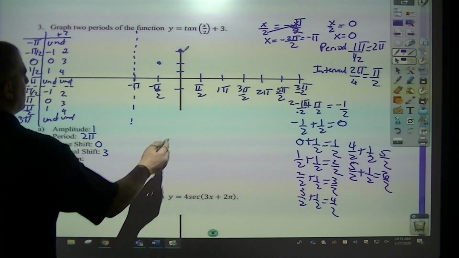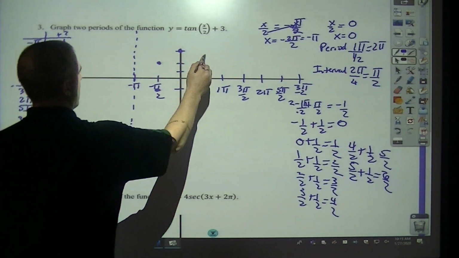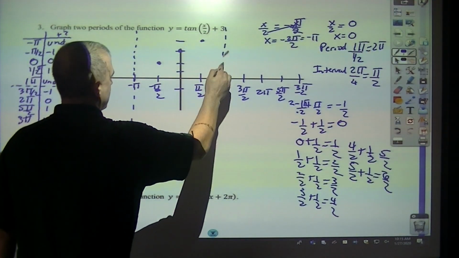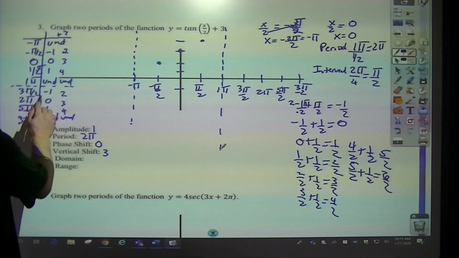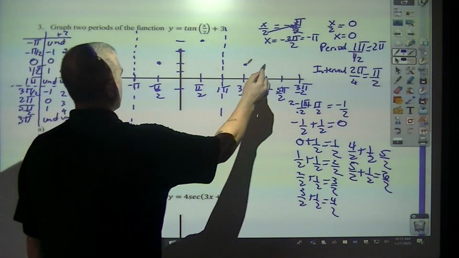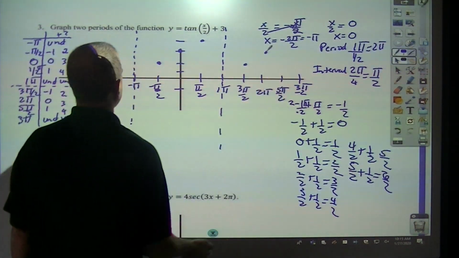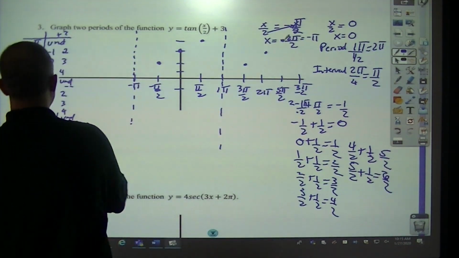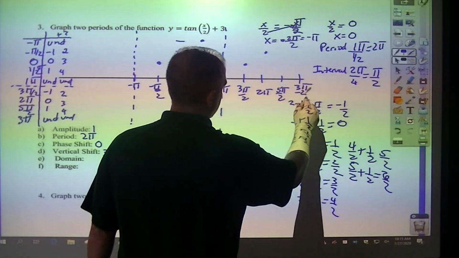At pi over 2, I'm all the way up at 4. At 1 pi, I'm undefined. At 3 pi over 2, I'm at 2. At 2 pi, I'm at 3. At 5 pi over 2, I'm at 4. And at 3 pi, I'm undefined.